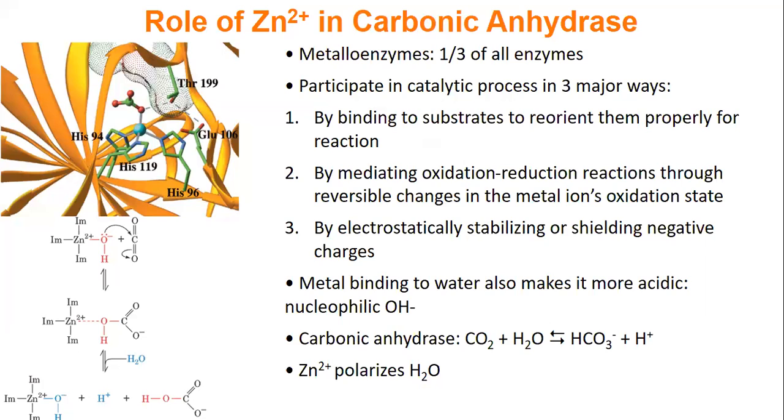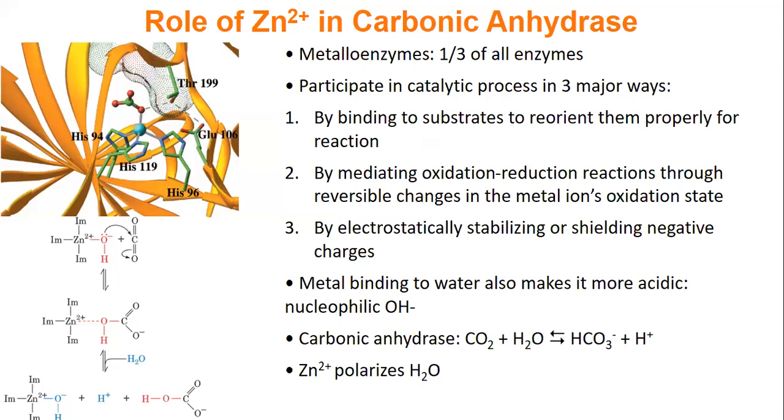Usually the metals used in this chemistry will be transition metals. Not always. Magnesium is used a lot, but a lot of the time it can be irons or zincs, and copper is also a very popular one to be found in your enzymes. These can have different charge states, and so they can work with redox reactions because they can adopt these different charge states, or by stabilizing negative charges.